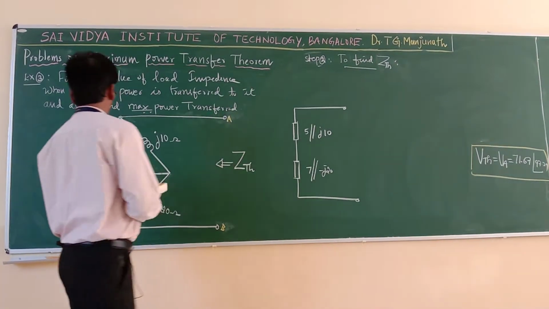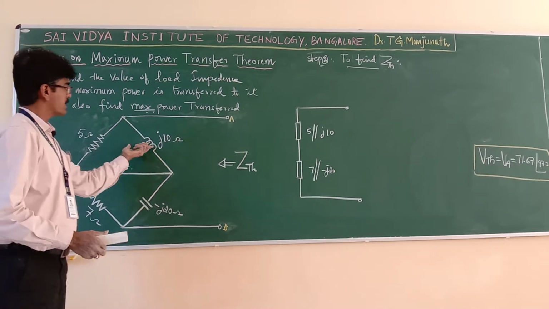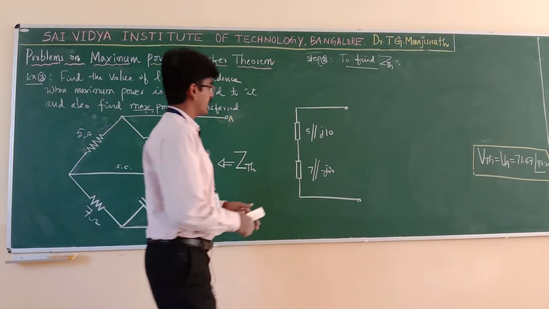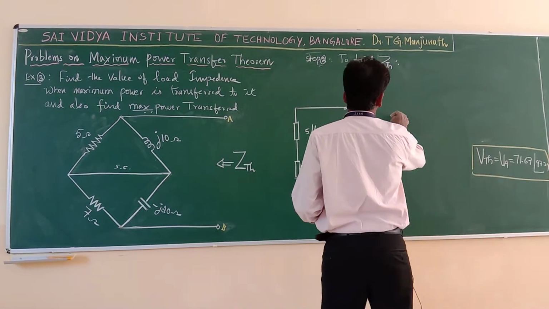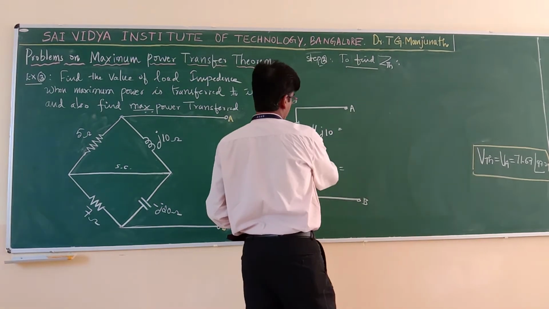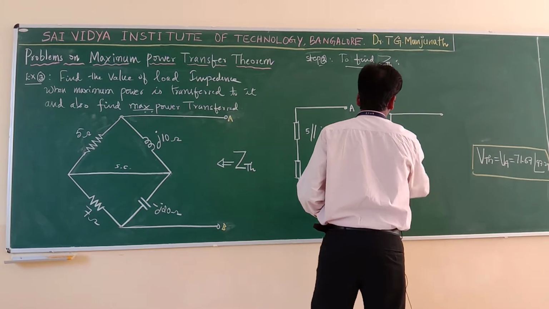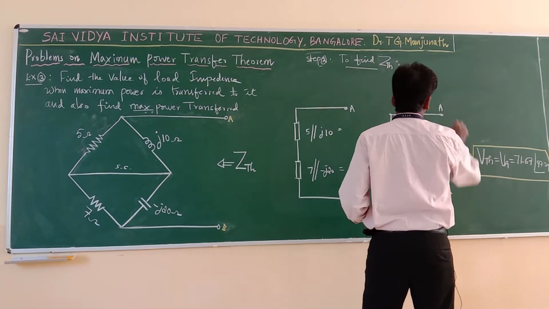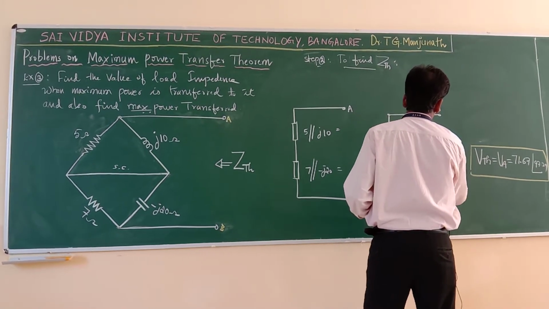These two are in parallel, these two are in parallel, across A and B. Again simplify this and simplify this. Again these two are in series. Then find the final value that gives Z Thevenin across A and B looking into the terminals.